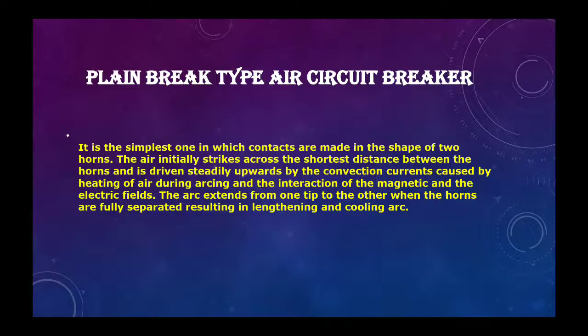The arc initially strikes across the shortest distance between the horns and is driven steadily upwards by the convection currents caused by heating of air during arcing and the interaction of the magnetic and electric fields. The arc extends from one tip to the other when the horns are fully separated, resulting in lengthening and cooling of the arc.